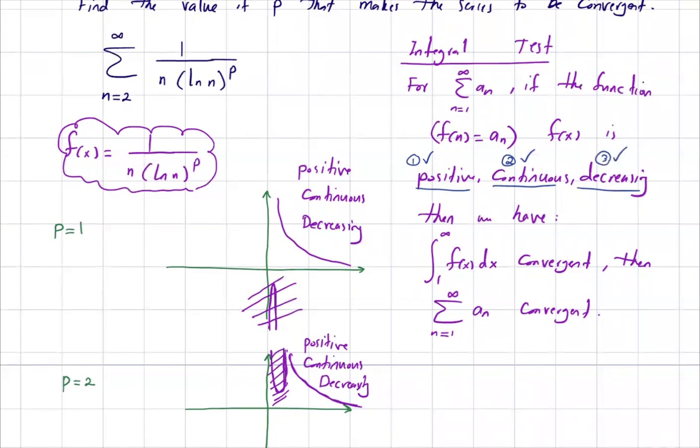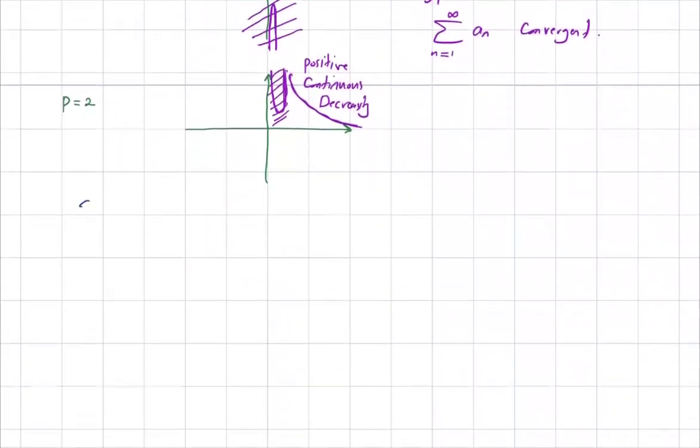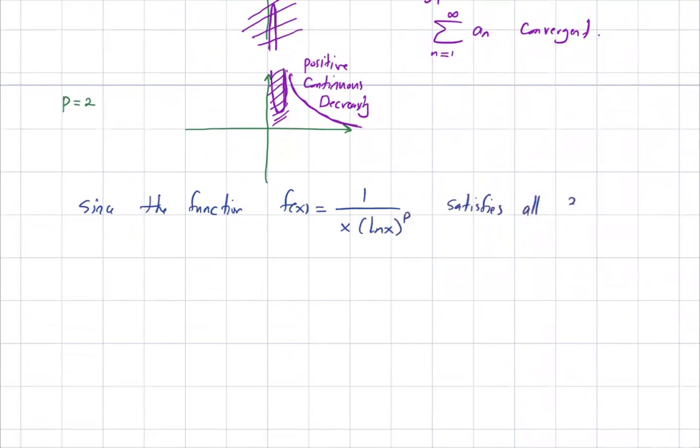So we can apply the integral test, since the function f of x equals 1 divided by x times ln of x to the power p satisfies all three conditions.